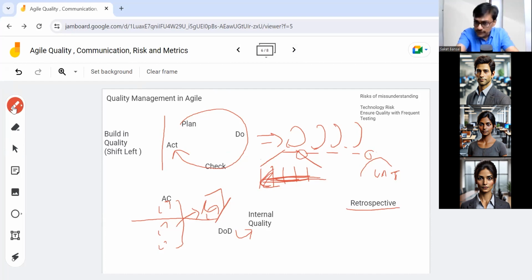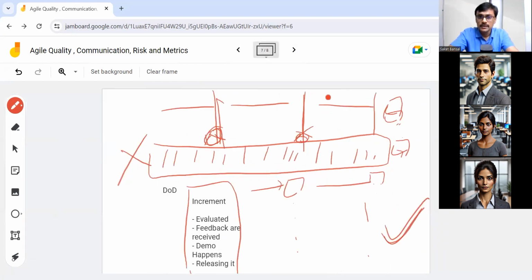The whole idea of a retrospective is that at the end of an iteration, we review and brainstorm how our last 2 weeks of work has gone, including how verification and validation happened. That's a nice way of looking at it.